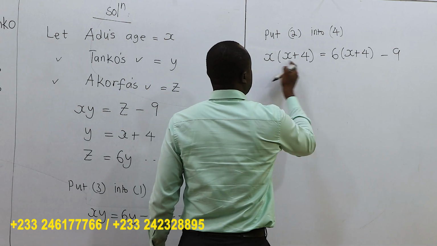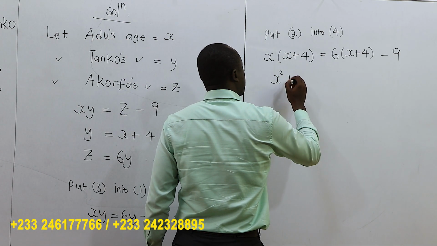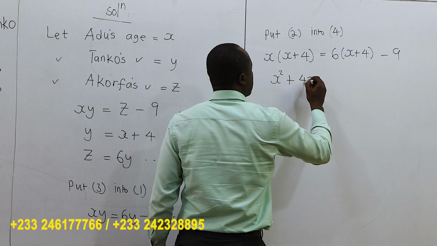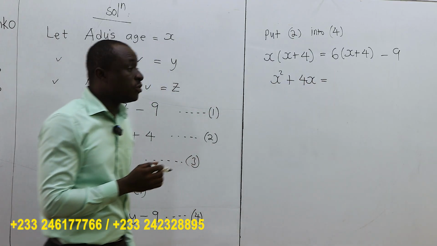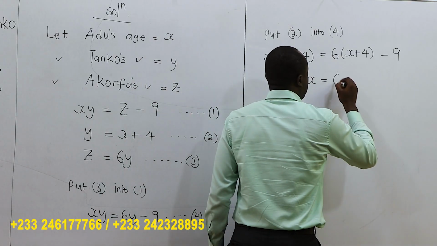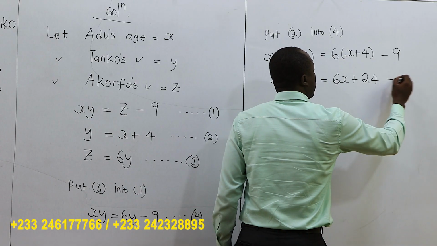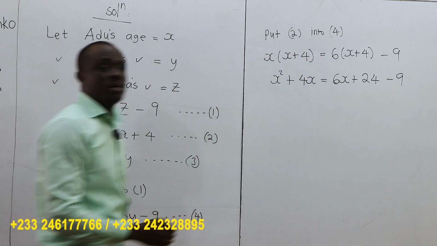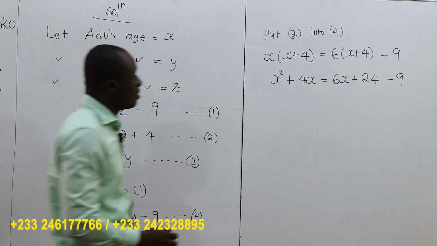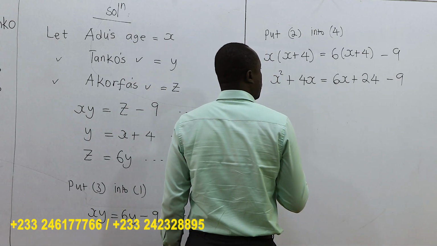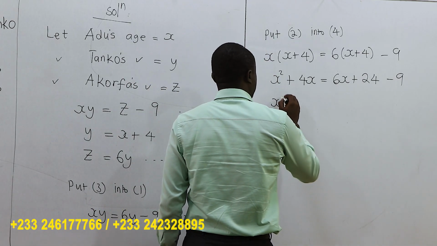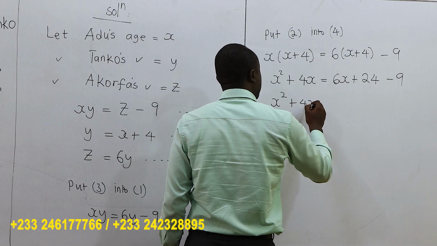So X times X is X squared, X times 4 is 4X. And this is equal to 6 times X, that is 6X, 6 times 4 is 24, minus 9. So clearly from here, we have X squared plus 4X.